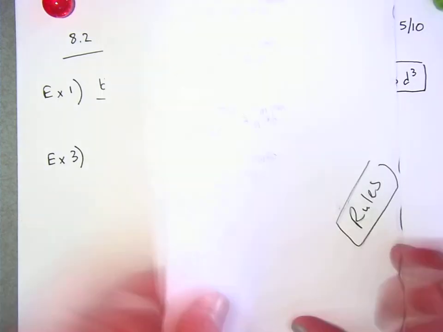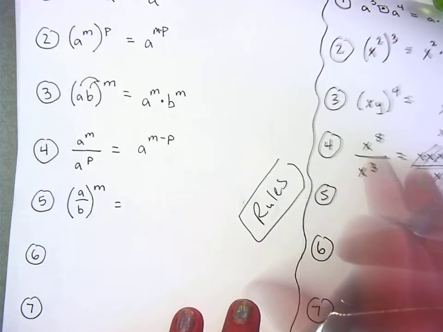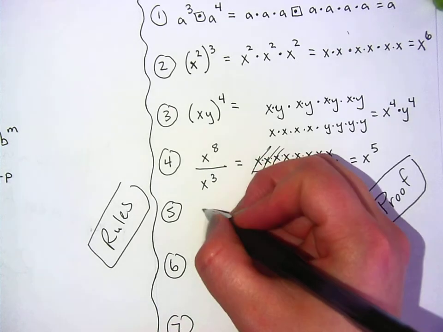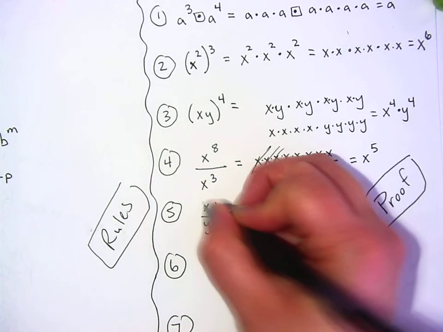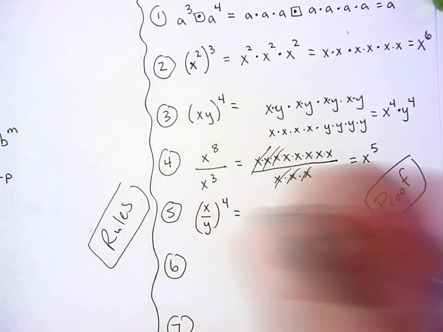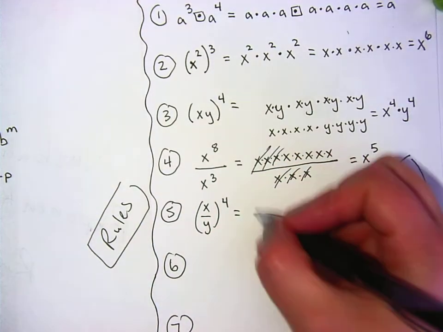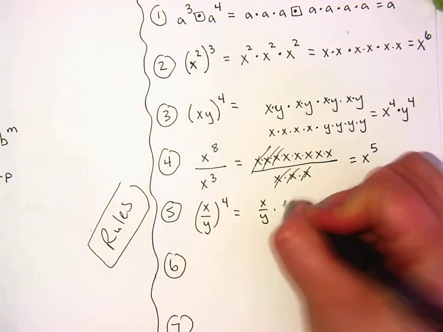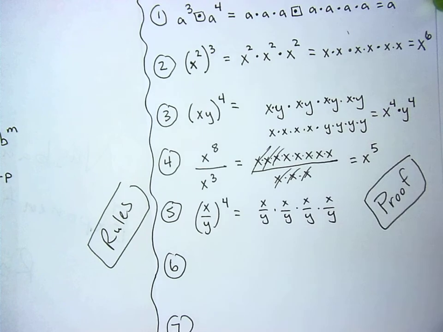All right, let's do some proving over here. So that's what the left side looks like so far. The right side is going to look like, let's have it be x over y to the 4th. X over y to the 4th would be the same thing as x over y times x over y times x over y times x over y.